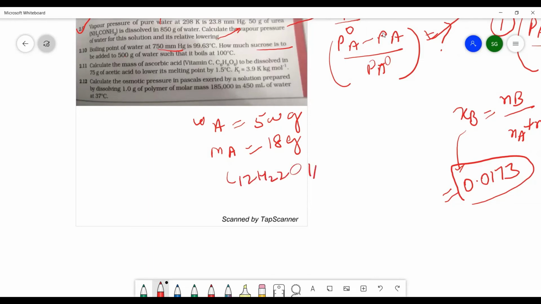That is sucrose. तो sucrose के अंदर आपका ये आपका हो गया and the molar mass of the sucrose is 342 grams per mole. जब आप इसको निकालेंगे तो MB आपका ये निकल आएगा. Okay. How much sucrose? That means you have to find out WB. यहाँ पर आपका WB missing है such that it boils at 100 degree Celsius.